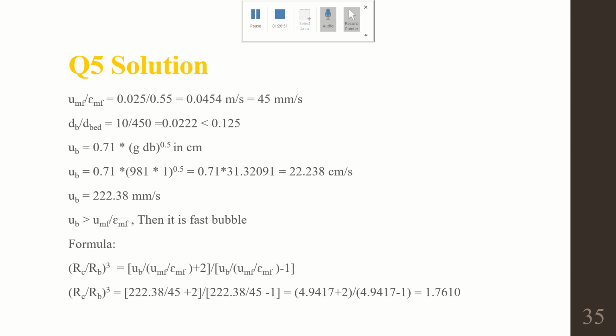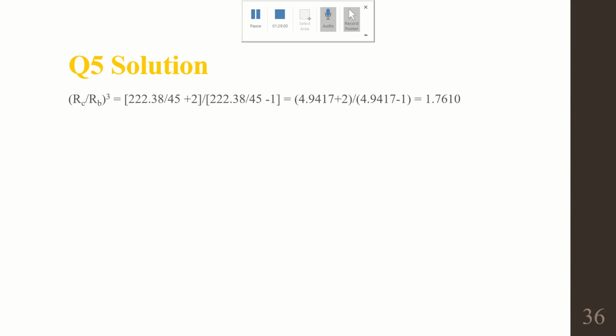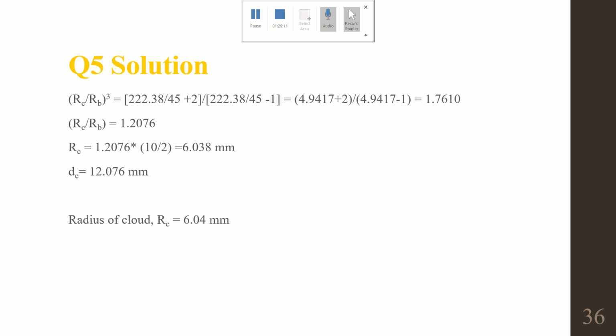So we are substituting all the known values in this formula, and we are getting 1.7610, which is RC by RB cube. We know RB, and on substituting that we get RC is equal to 6.038 mm, and diameter of the cloud is 12.076 mm.